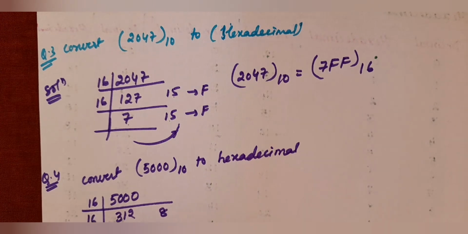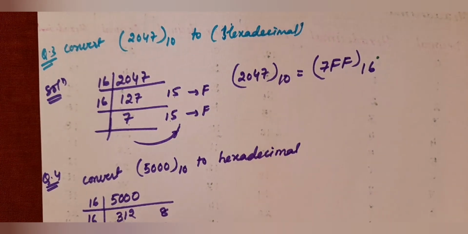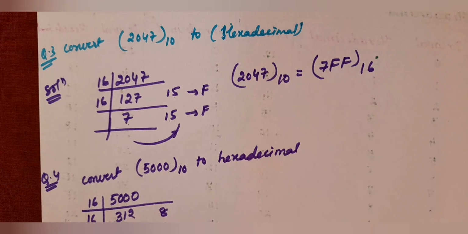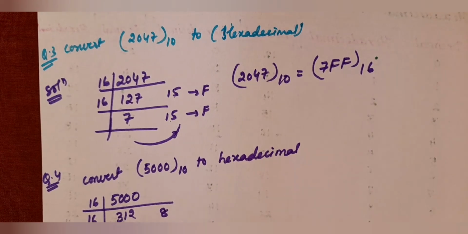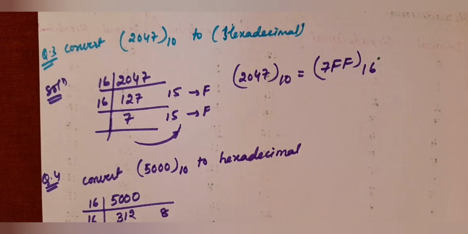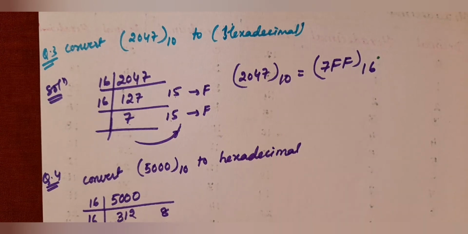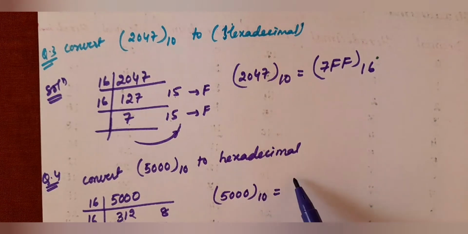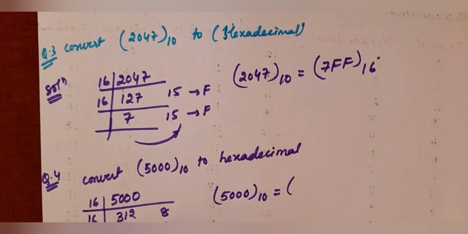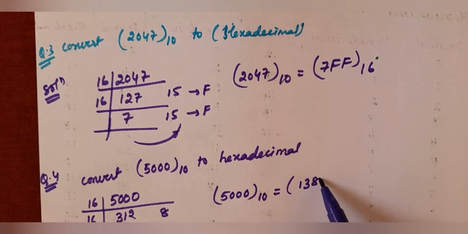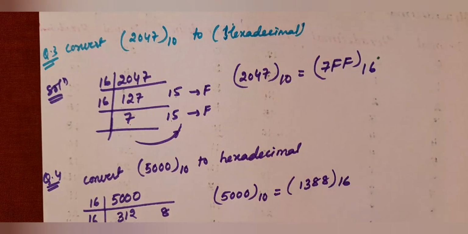Divide again by 16, the quotient is 19, the remainder is 8. Divide by 16, the quotient is 1, the remainder is 3. So read this number like this, 1388. So 5000 decimal is converted to 1388 in hexadecimal.